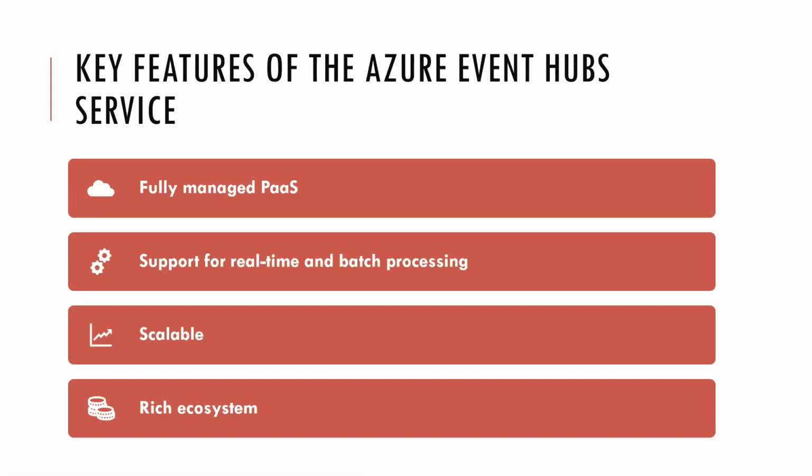With Event Hubs, you can start with data streams in megabytes and grow to gigabytes or terabytes. It is scalable. The auto-inflate feature is one of the many options available to scale the number of throughput units to meet your usage needs.